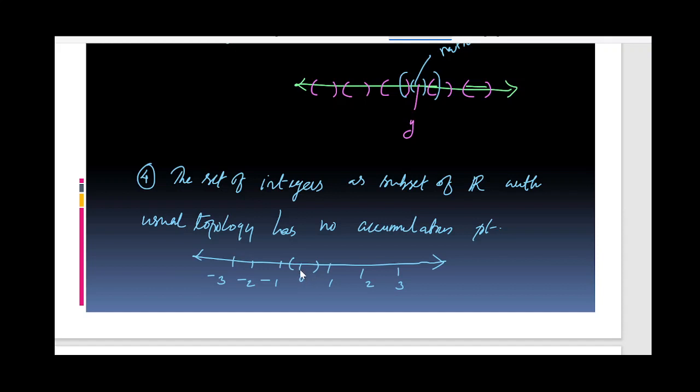You take 0 and radius 1 by 2, then this open set definitely contains no integers except this 0, right? So 0 is not an accumulation point. Similarly, you can take 1 with radius 1 by 4, and 2 again with radius 1 by 4. Anyway, any radius less than 1 will work. So the set of integers as a subset of the real numbers with usual topology has no accumulation point.